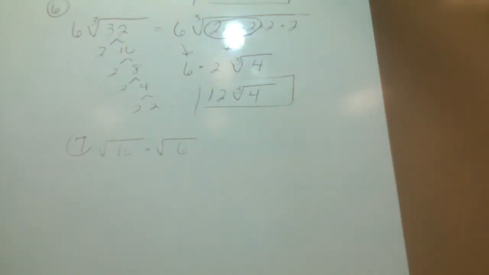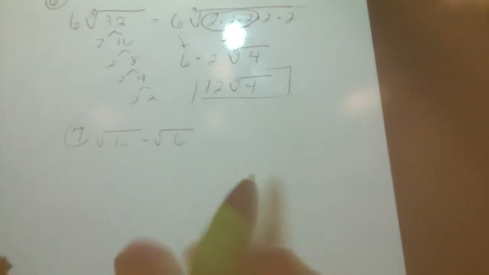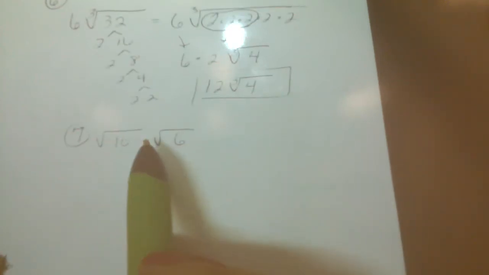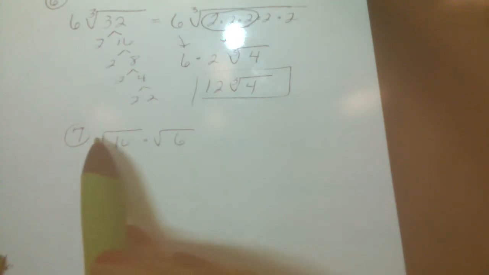Number 7, we're doing 9 of these total. Okay, number 7, I've got the square root of 10 times the square root of 6. Now, when you're multiplying by the same root, it doesn't matter what the radicand is. These are both square roots, so I can multiply these together. So this becomes the square root of 60.